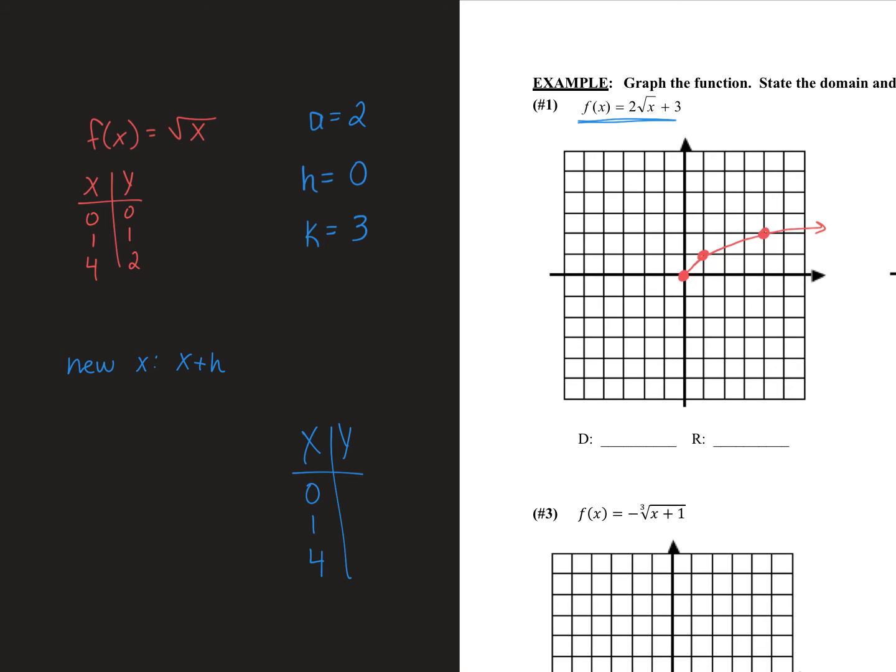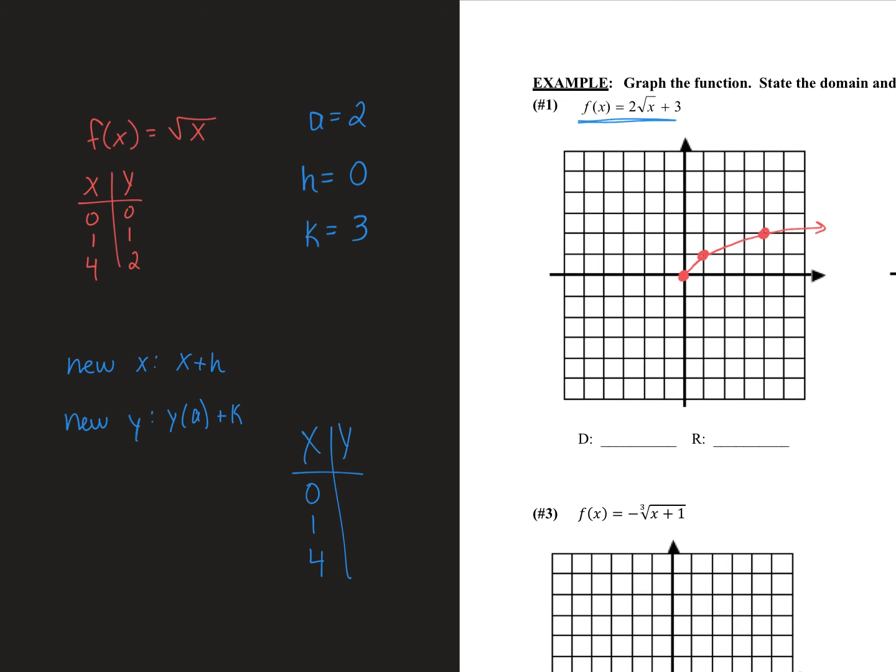And then my new y: remember that a affects the height, how high it goes up vertically, and k affects how far up or down we move. Both of those are affecting the vertical axis, which is y, so they affect our new y. Our new y is going to be y times a plus k.